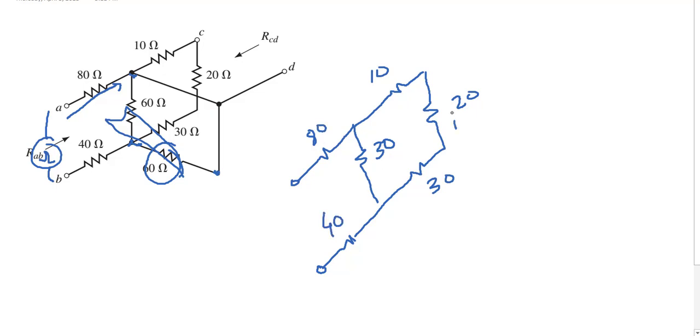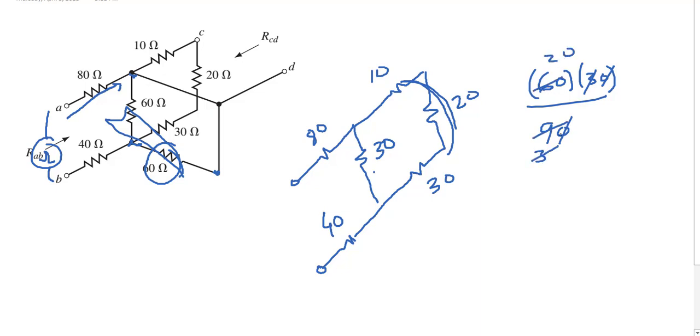Now these all together, 60 parallel to 30, so 60 times 30 divided by the total, which is 90, we get 20 when you solve this, so it is 20 ohms.